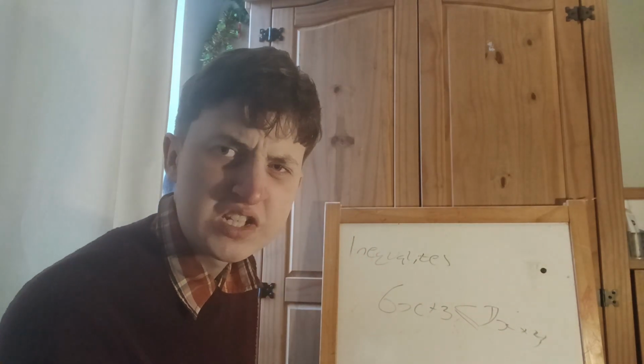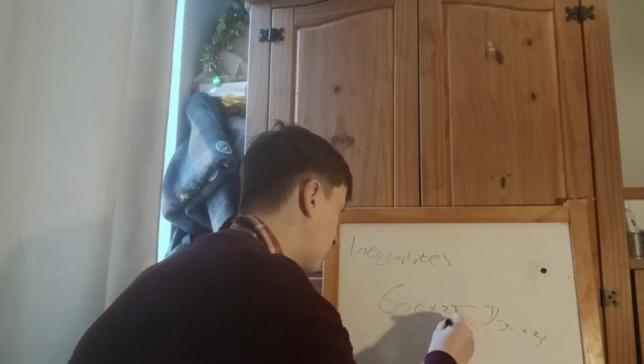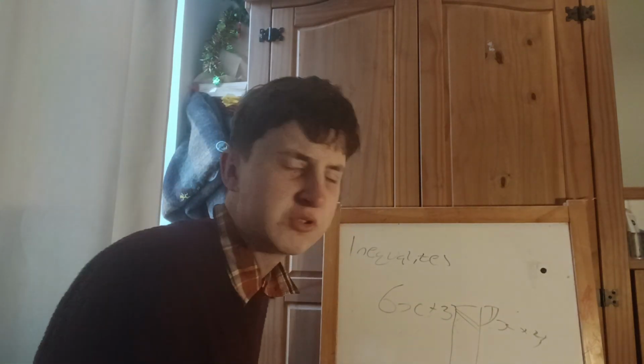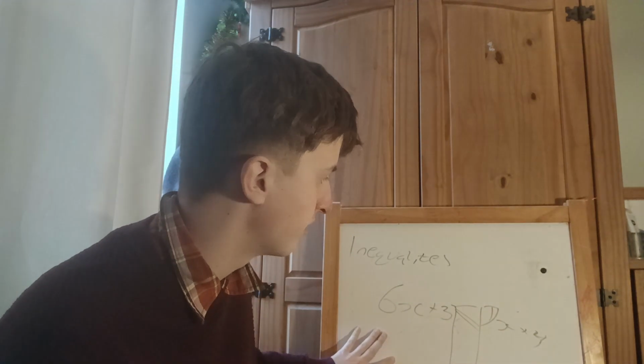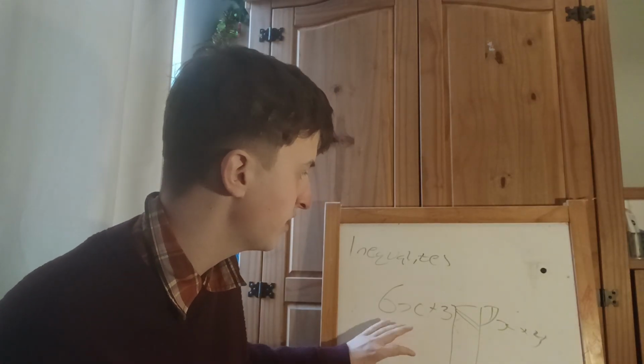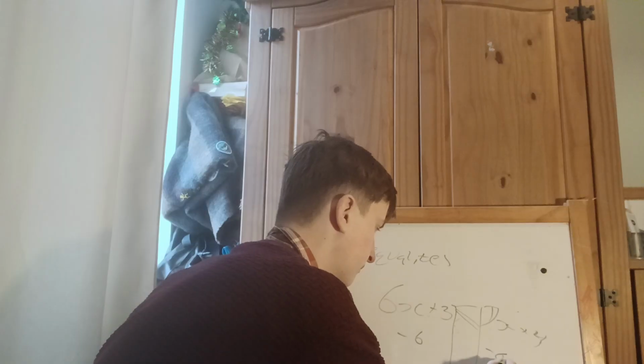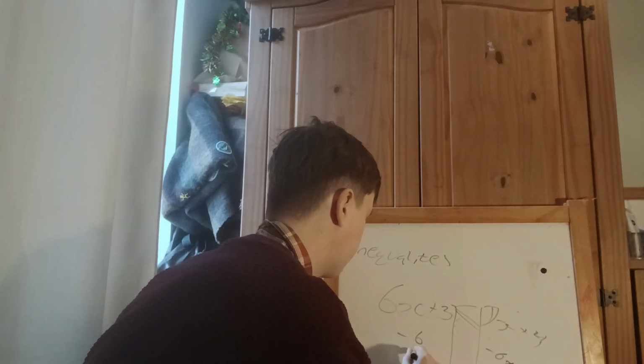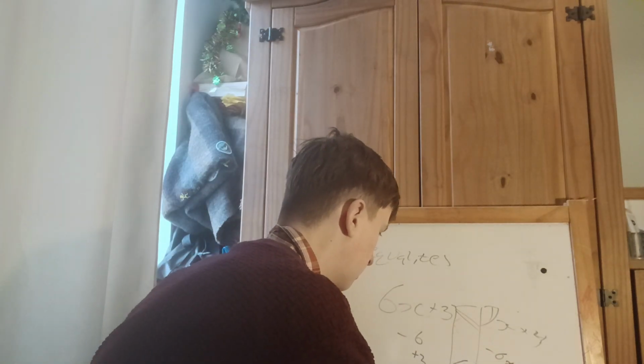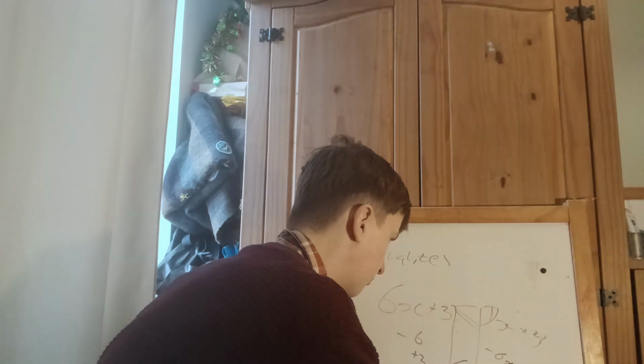This is quite simple, it just gets a bit confusing sometimes. So if we do our lines down, and we try to collect like terms on one side. So we get the smaller of the x's, which would be 6x, so we minus 6x from both sides, which leaves us with plus 3 is less than or equal to x plus 4.